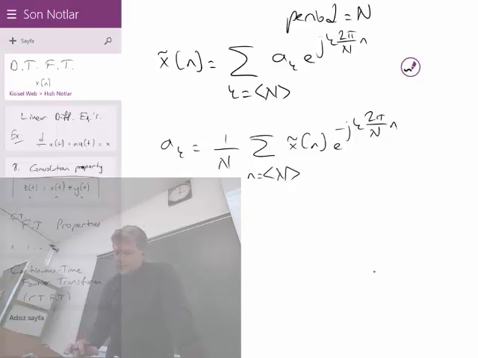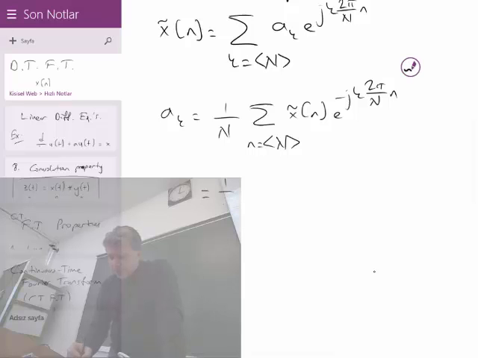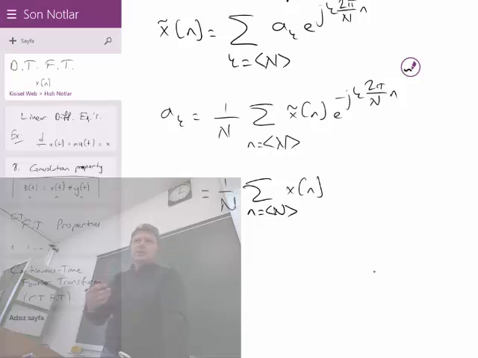Now the trick that we will use at this point for this formula is that within a range of capital N, within this summation range, x tilde of n is the same as x of n in the middle portion. So I will just write it like this: 1 over N, and from the same range, x of n, instead of x tilde of n, within that one period, it's the same as the original signal, x of n, e to the minus j k 2 pi over capital N n.